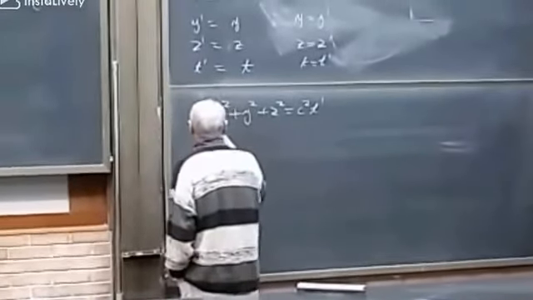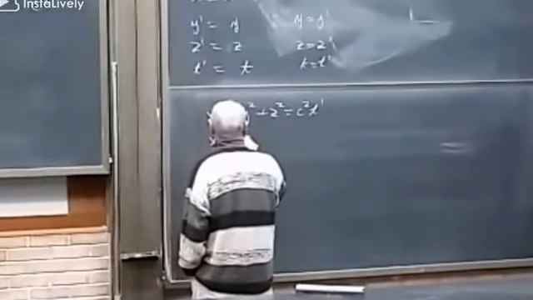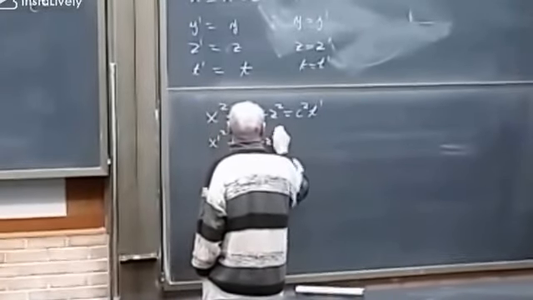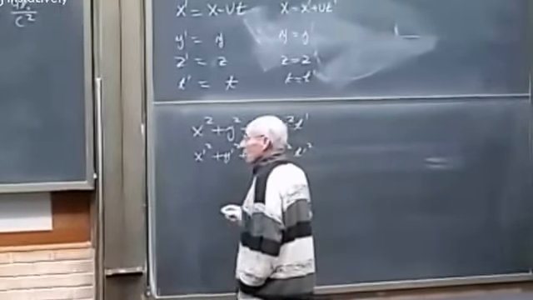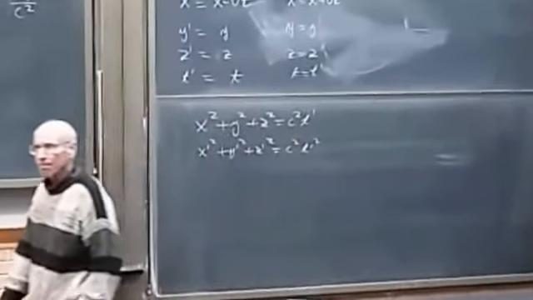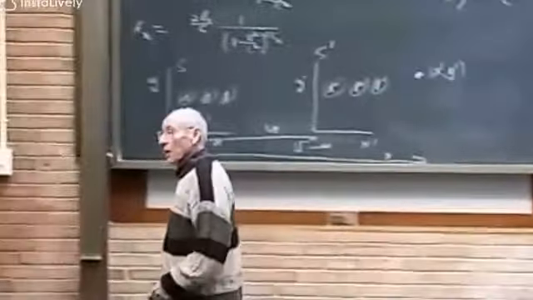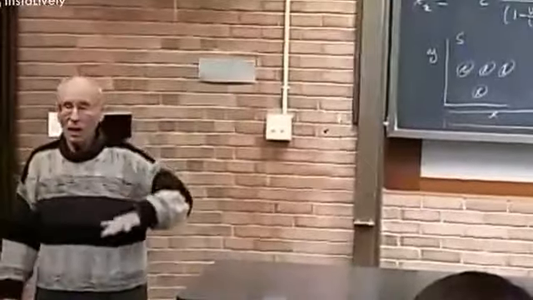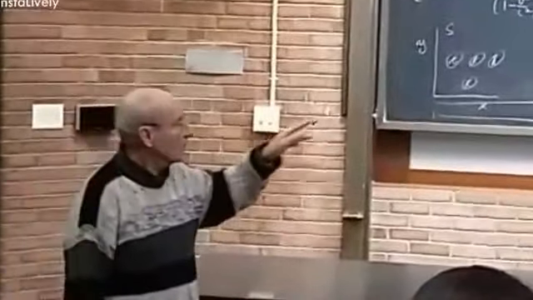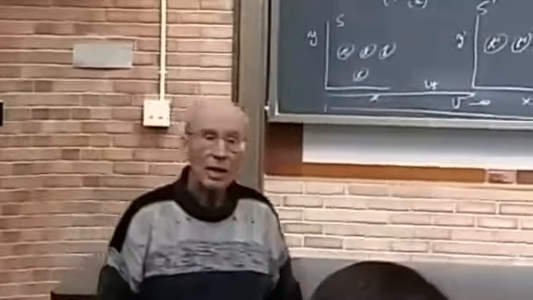And also x prime squared plus y prime squared plus z prime squared equals c squared t prime squared. And so our only problem is to figure out what is the relationship between the primes and the unprimes to make both of those equations correct.